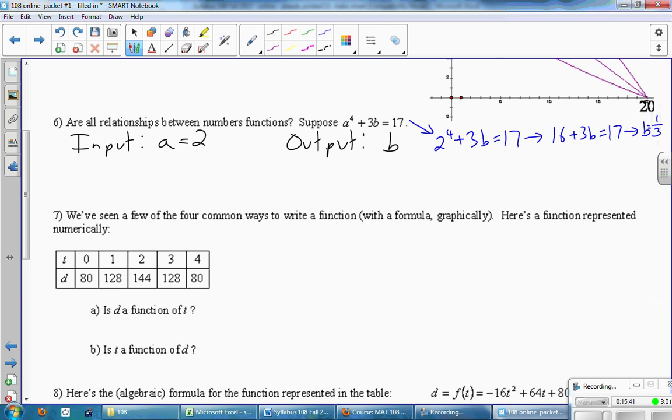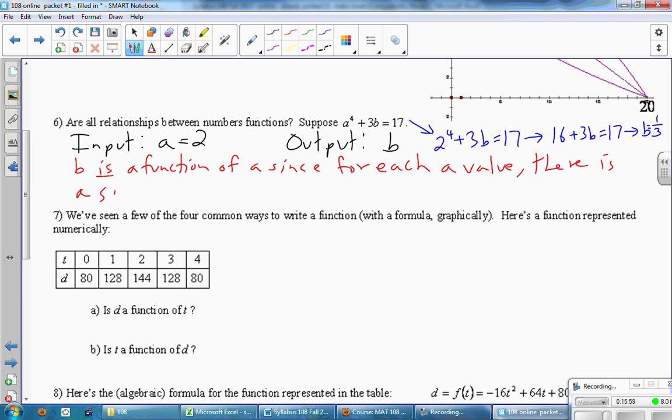We would say that b is a function of a, since for each a value, there is a single corresponding value of b.